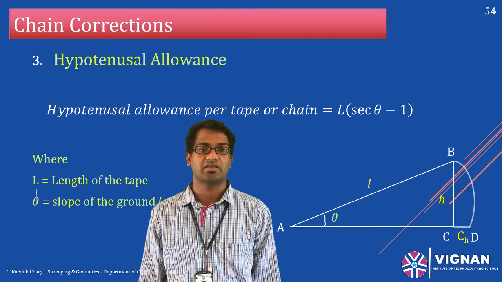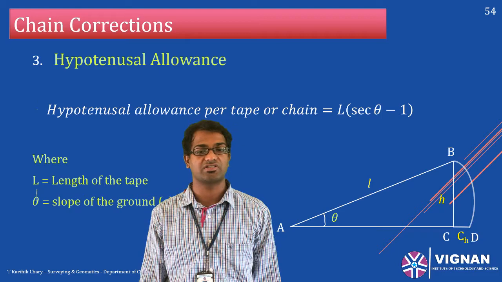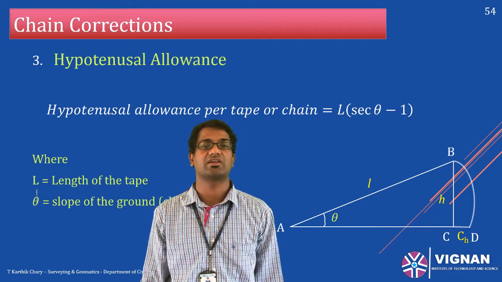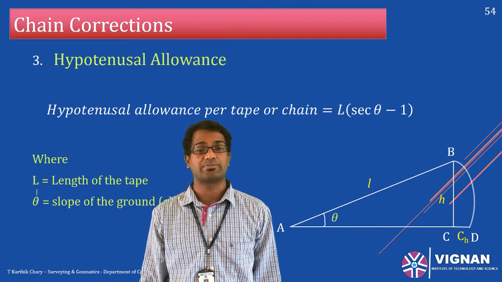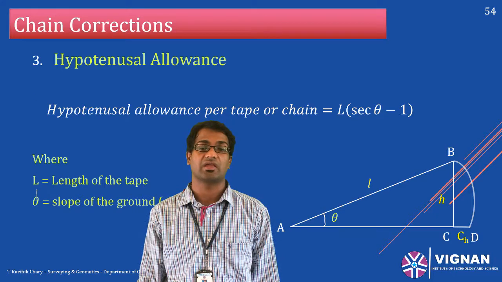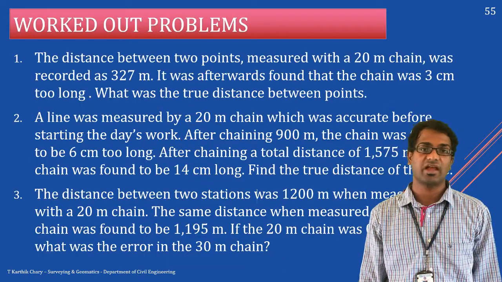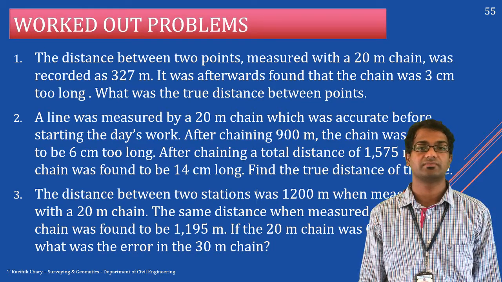In the figure, AB is the measured length, but we need AC length, which is horizontal. If we know theta, the angle of inclination, using a clinometer, then the hypotenusal allowance per tape or chain is given by L into secant theta minus 1. We have 3 problems here which we will discuss today.